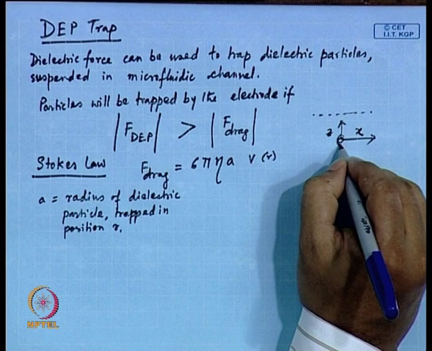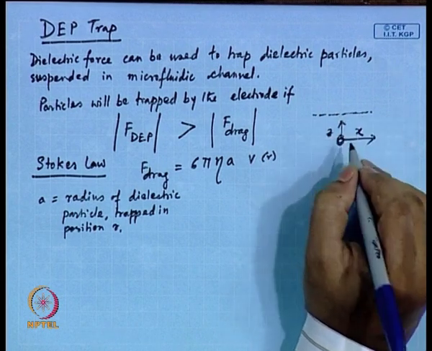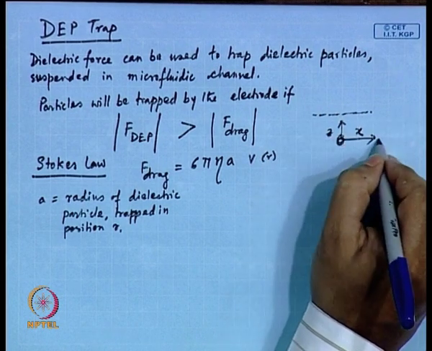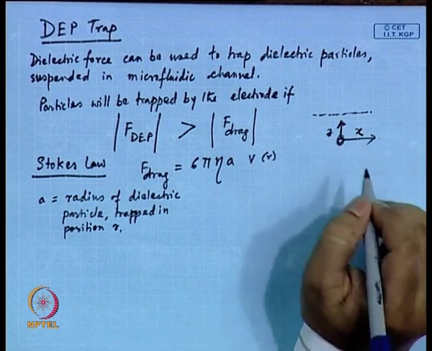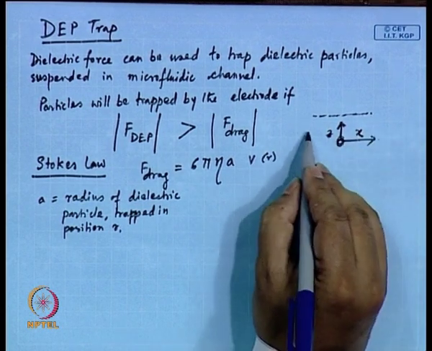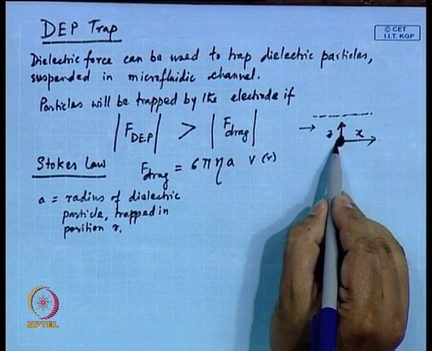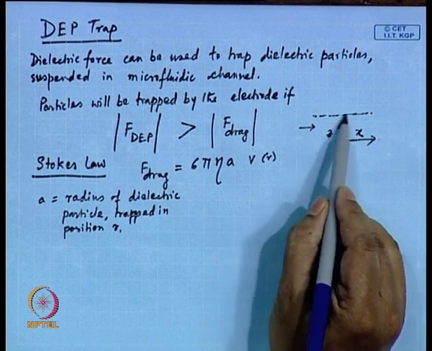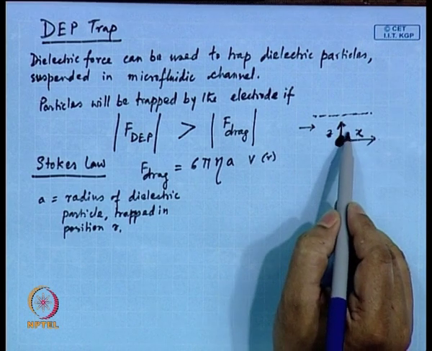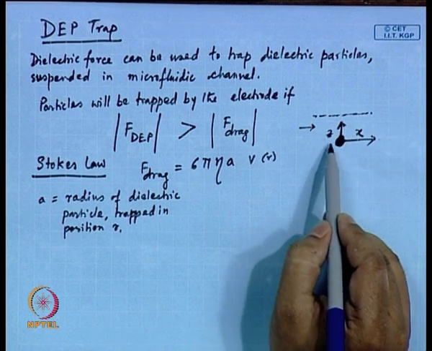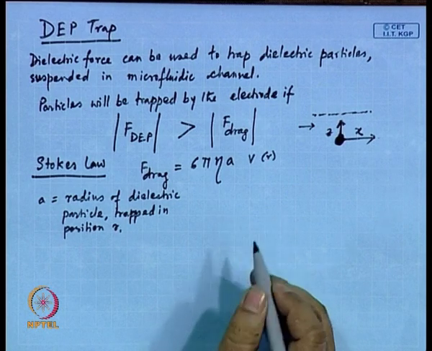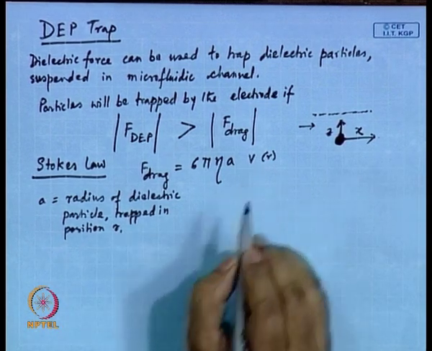So this is the point electrode, this is the planar electrode, and this direction is x, this direction is z. That means the flow is taking place in this direction, and particles would be trapped near the point electrode. That is the idea. Then what would be v in that case?